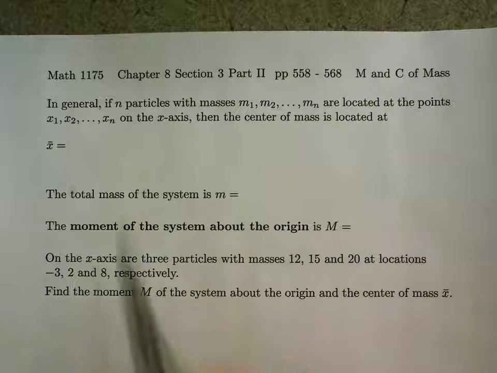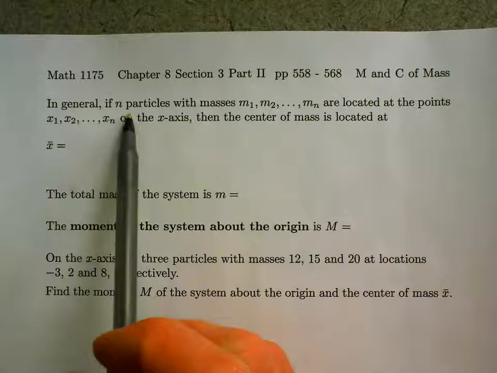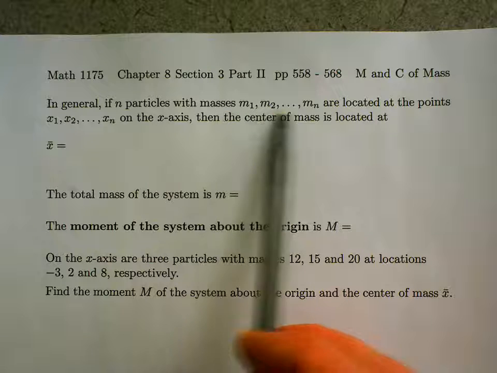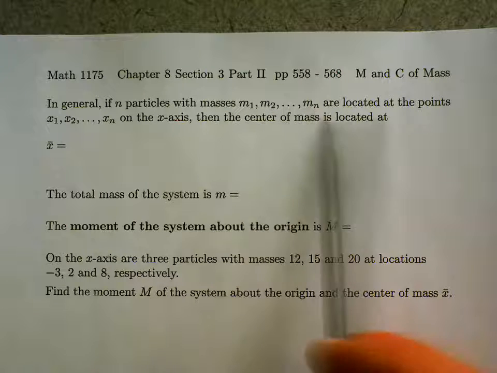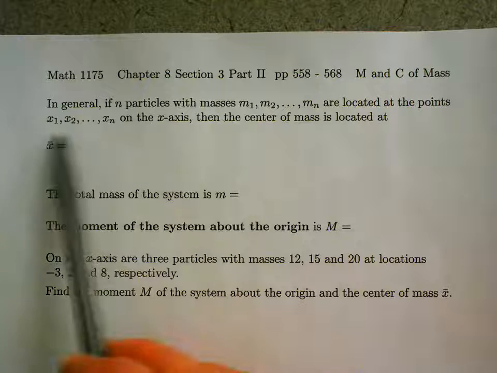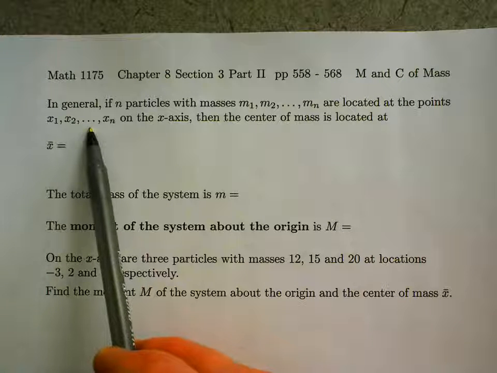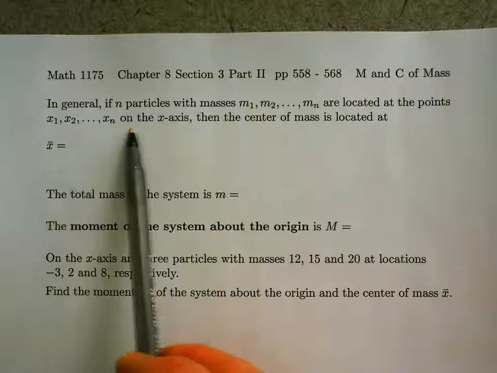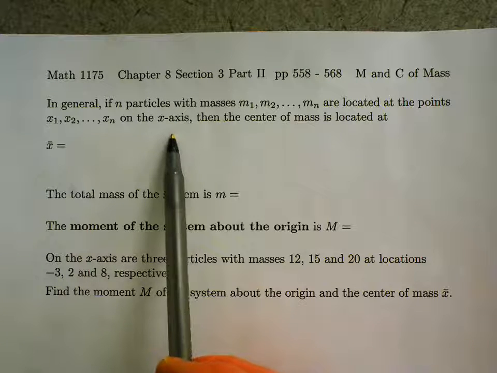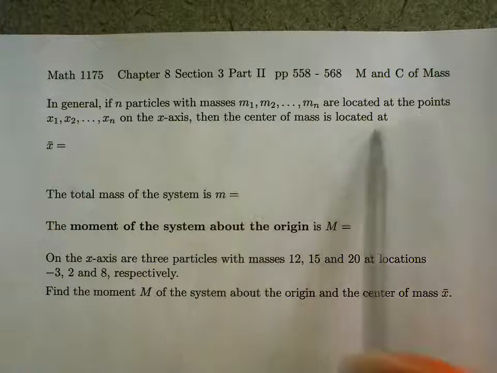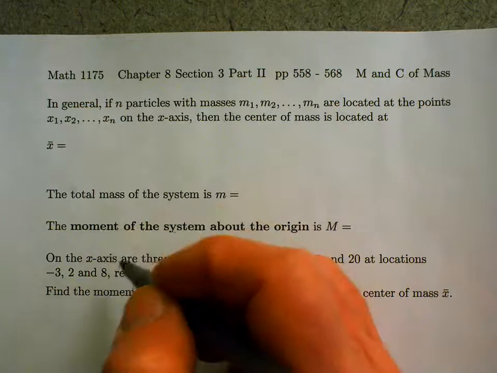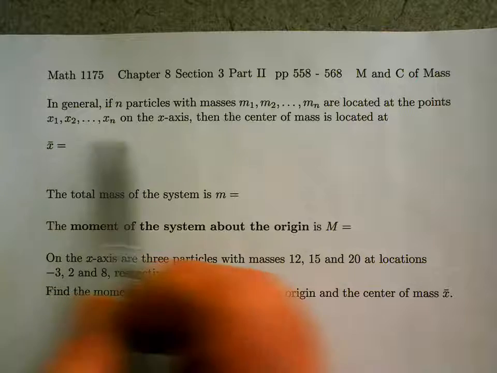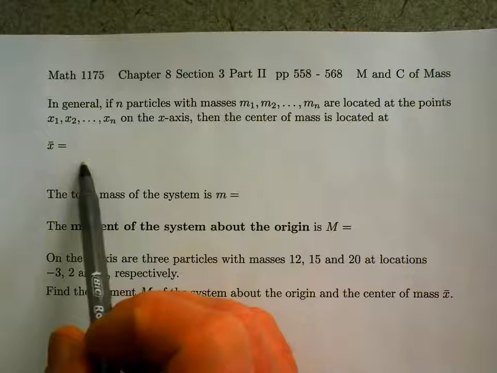So in general, if n particles with masses m1, m2, and so on up through m sub n are located at points x1, x2, and so on up through xn on the x-axis, then the center of mass is located at the sum of the moments divided by the sum of the masses.